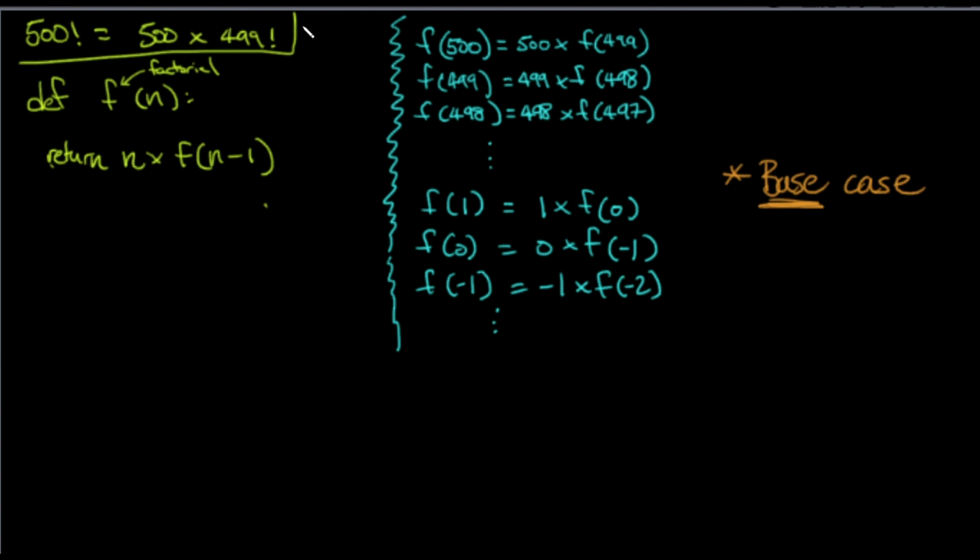The whole point is that factorials of these big numbers are very hard to solve, but on some input, the answer is pretty trivial. The answer is really easy. And that number right here is 1.